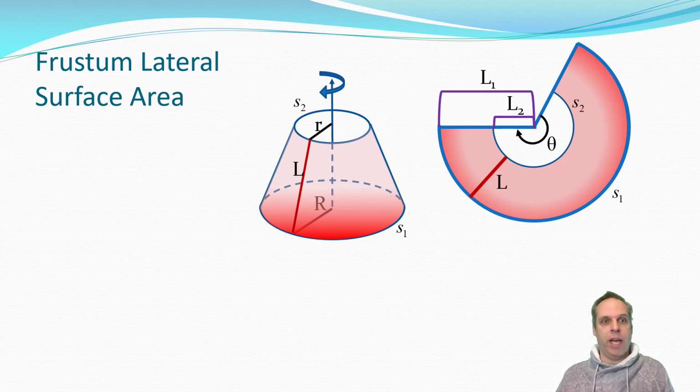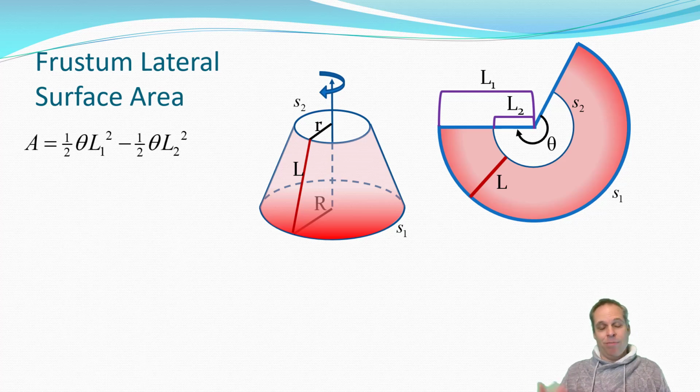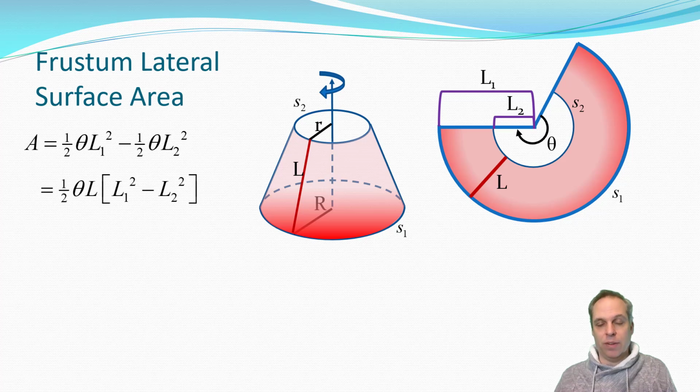In the end, I need to find the area in terms of L, little r, and capital R. So a lot of these symbols are going to go away when I'm done. But this is the area of the portion in red, being the difference in the areas of the two sectors, whose radii are L1 and L2, and whose central angle is theta. Notice that you can factor to take out some common factors. You can then factor the corresponding difference of squares to get this.